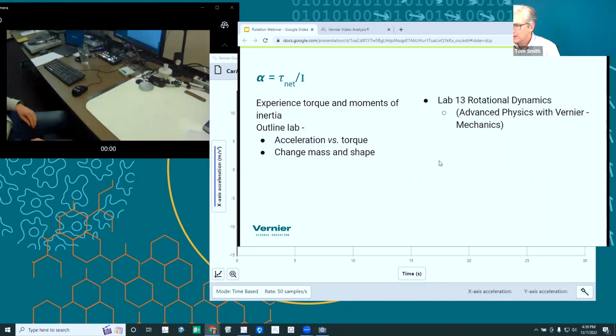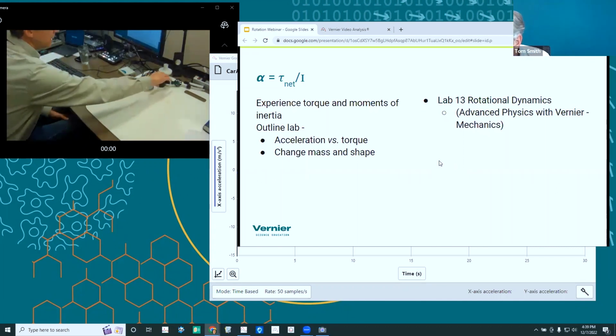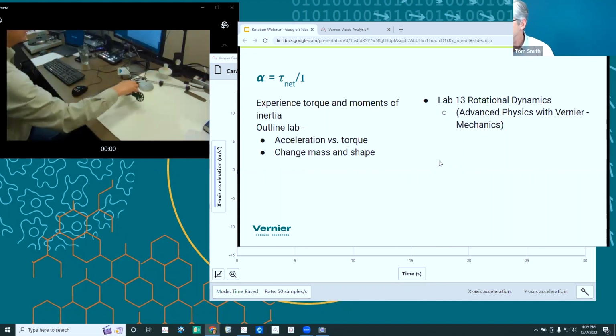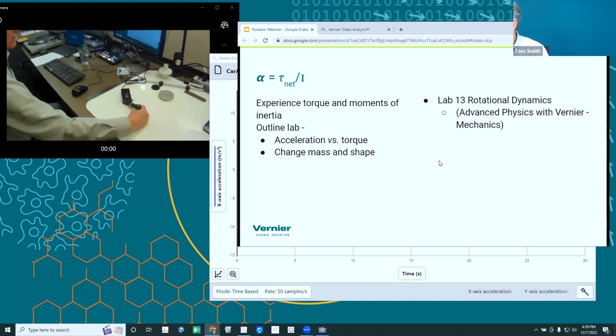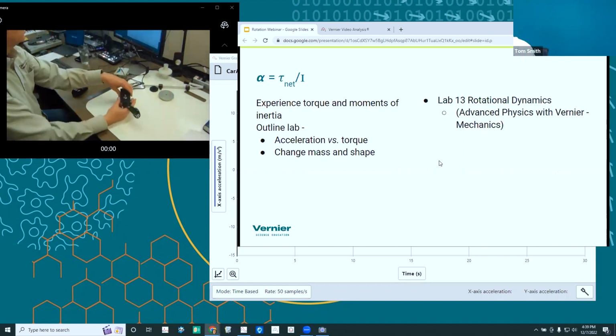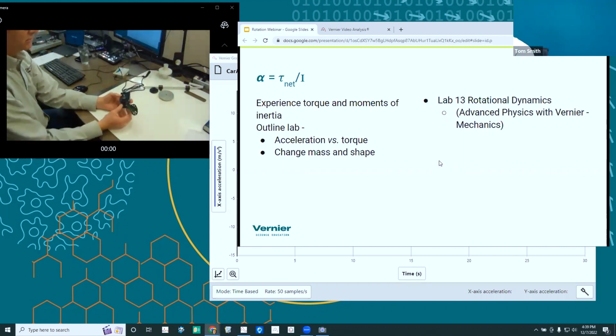Now, I'm going to show this with our Go Direct sensor, but I just wanted to make the point that this is completely appropriate to use the wired sensors as well. In fact, I'll use this to kind of illustrate a couple of things. To attach the pulley wheel on here that we're going to use, we have this as part of our accessory kit. It's like a camera mount, I think is what it actually is.